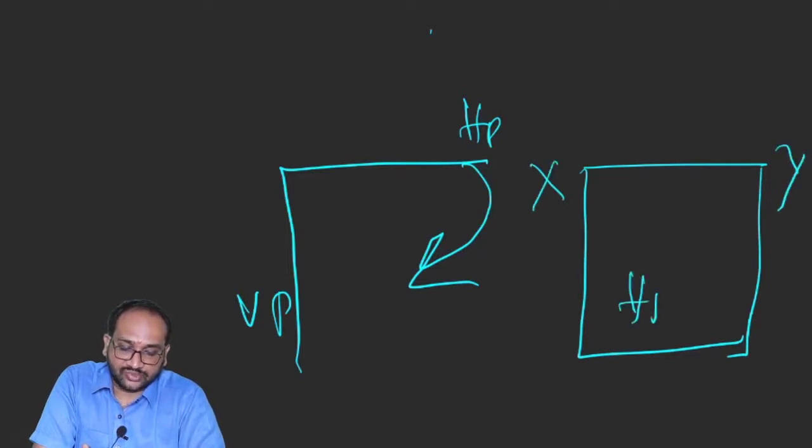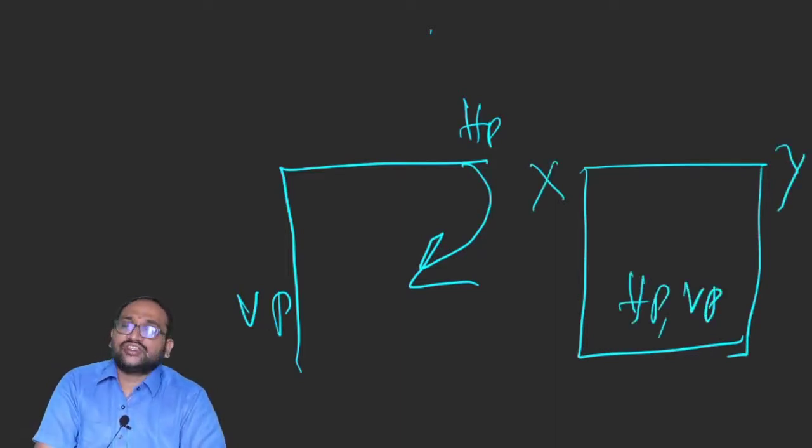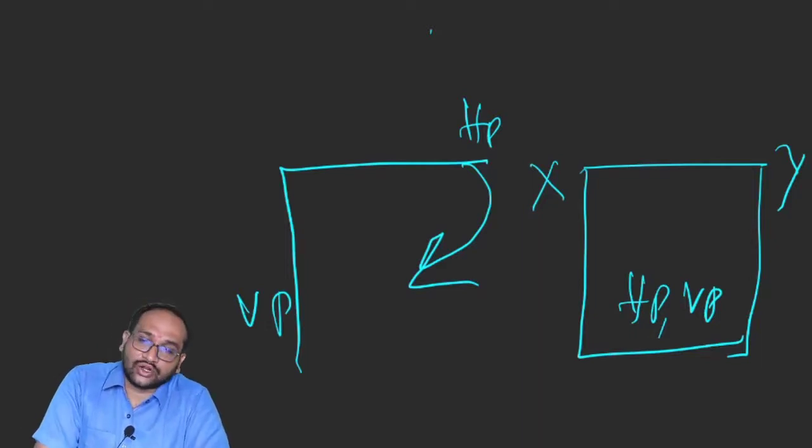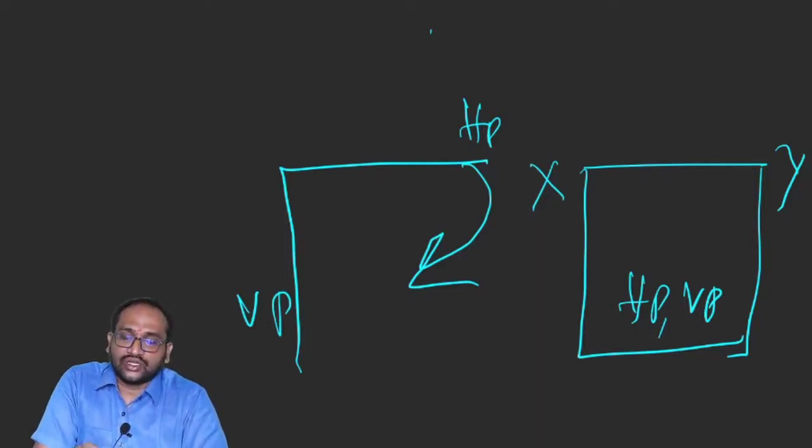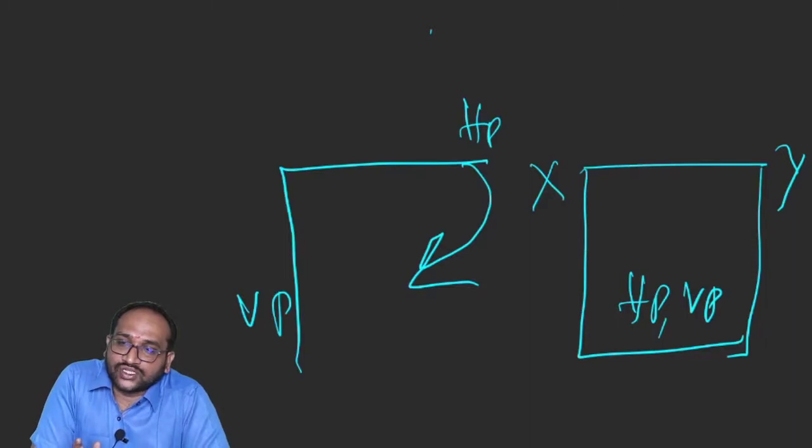That's the reason we are not using second quadrant and fourth quadrant. We are only using first angle and third angle projection. In India we are using only first angle projection, so we are focusing more on first angle projection.